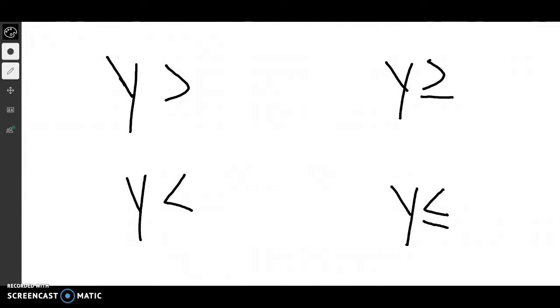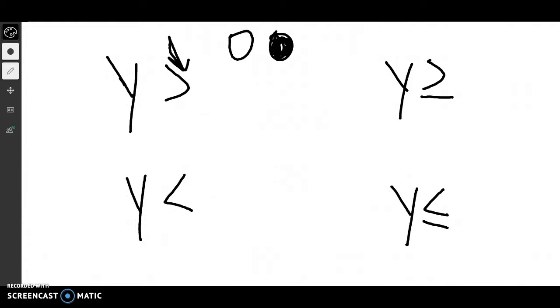If you get a less than or greater than sign, what you want to think about is when you're graphing on a number line, you have open circles and solid circles. This sign right here means you're going to have open circles because of the fact that things are not included.